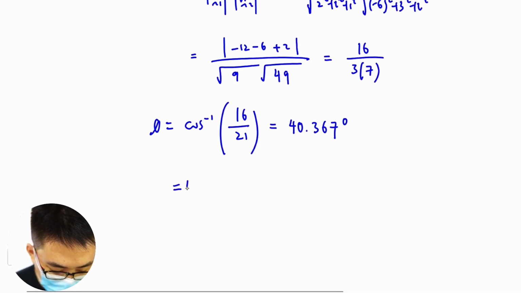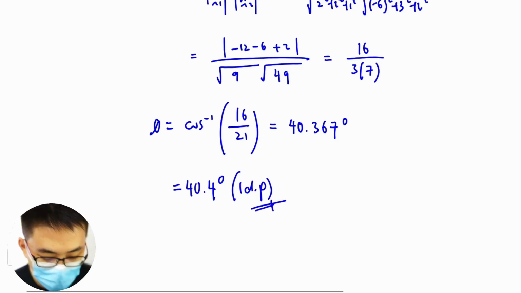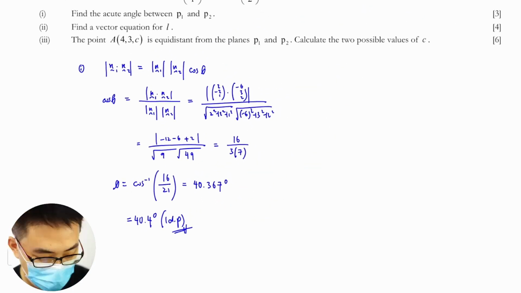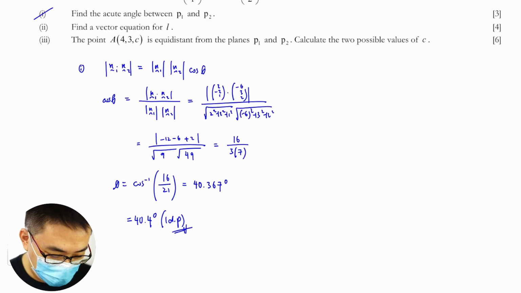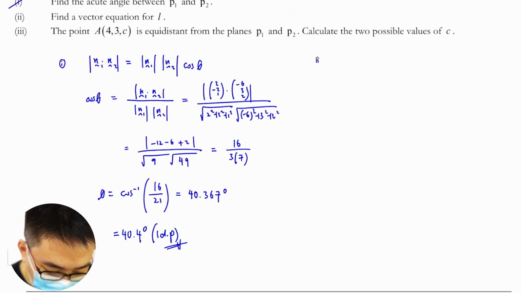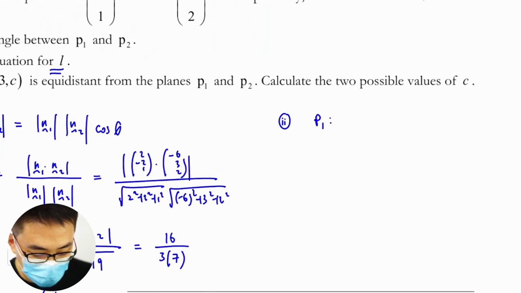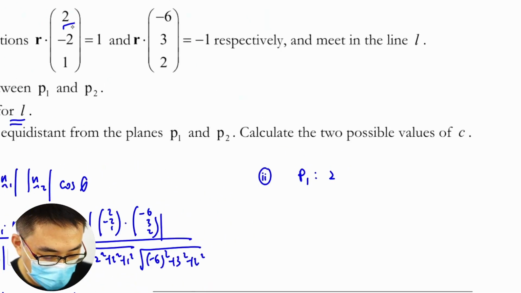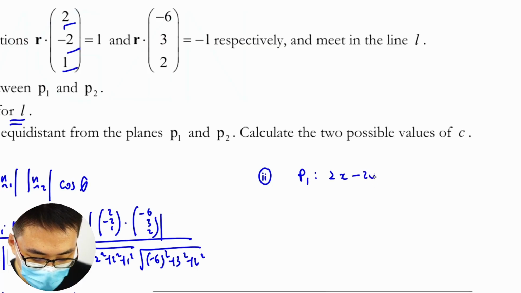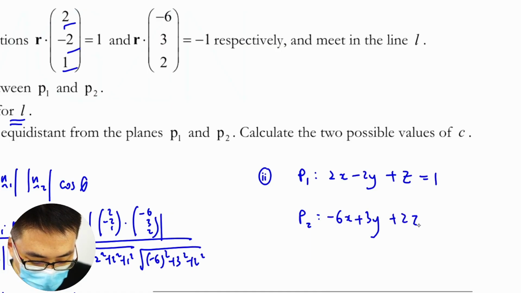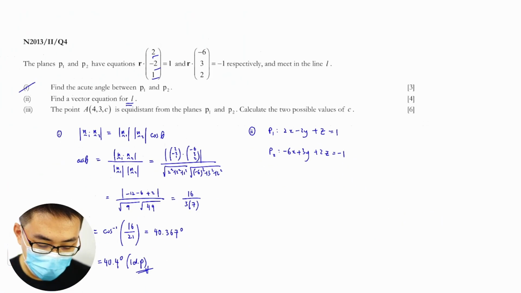Done. Here for part 2, the equation of line L1, what we can do is just use the GC. 2x - 2y + z equals 1, and -6x + 3y + 2z equals -1.